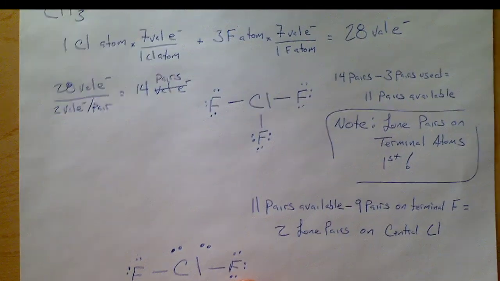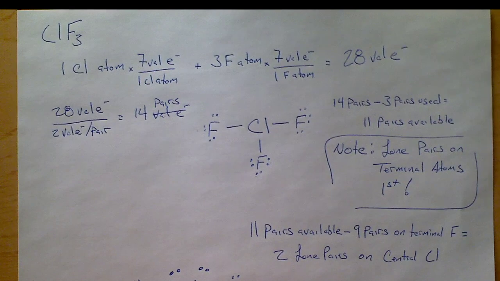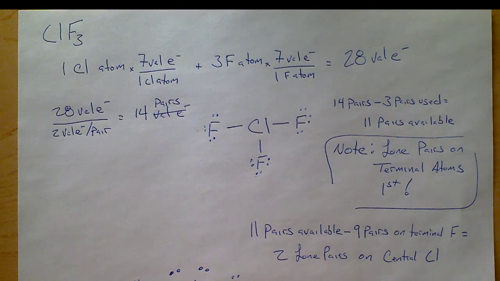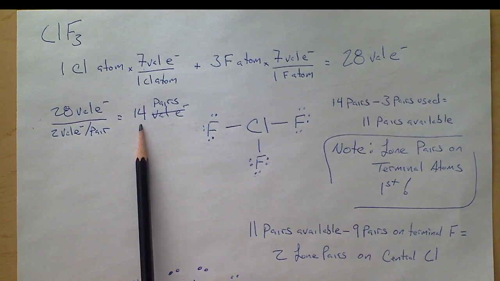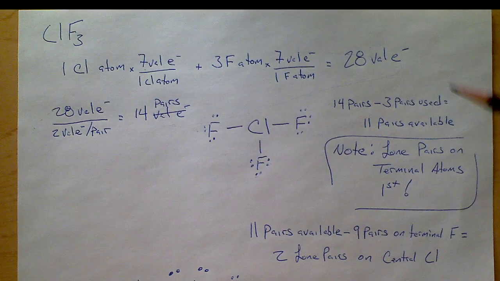Chlorine is a group 17 element, but it's also in period 3, which means that it can expand into its d orbitals. Chlorine is going to be our central atom. Let's find out how many pairs we need to have. In this case, it's 14 pairs.